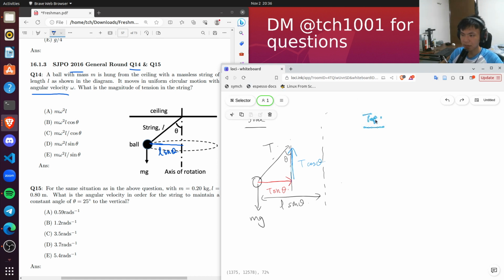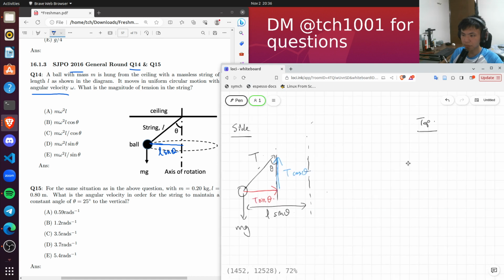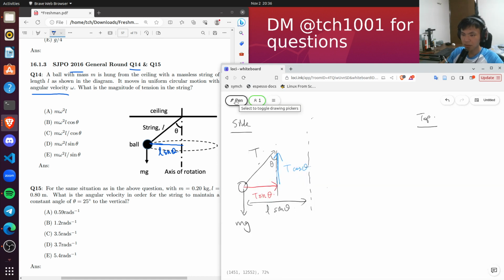So the second case, the top view. I'm going to draw the top view now. The top view looks like this. So the ball is here with mass m, and the axis of rotation is something like that, into the page, so I can't really see it.